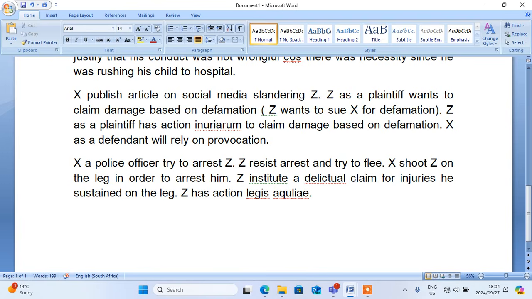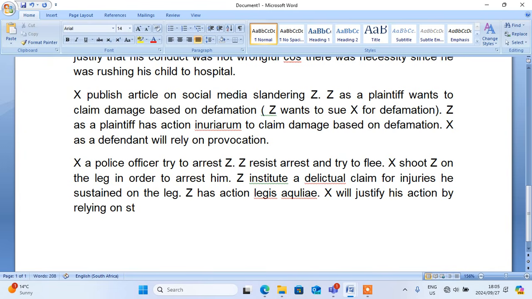Whereas on the other side, X, as a police officer, will justify his action by relying on statutory authority, right?